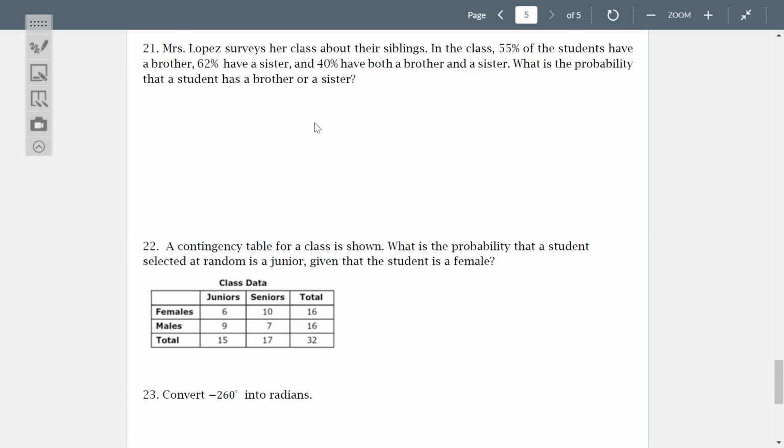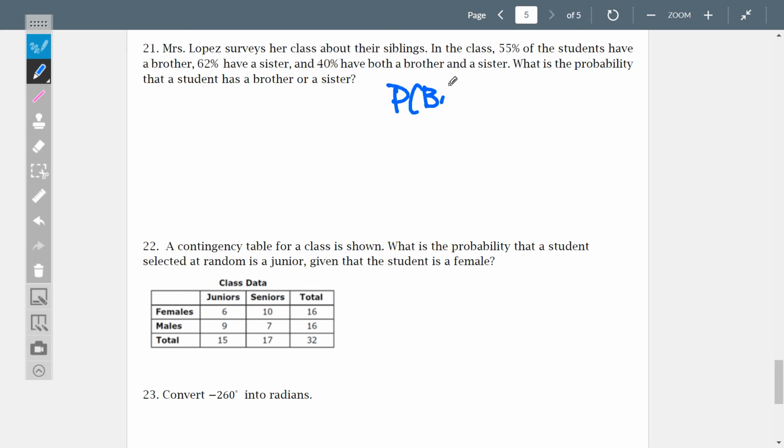Mrs. Lopez surveys her class about their siblings. In the class, 55% of students have a brother, 62% have a sister, 40% have both a brother and a sister. What is the probability that a student has a brother or a sister? We can take the probability of brother, add the probability of sister, and subtract the intersection, the probability of brother and sister.